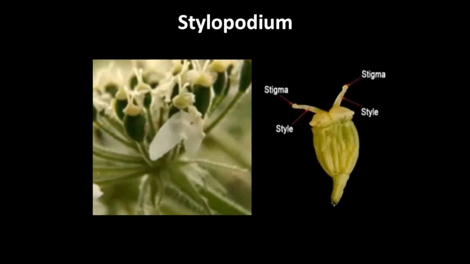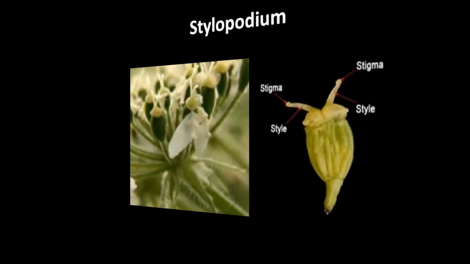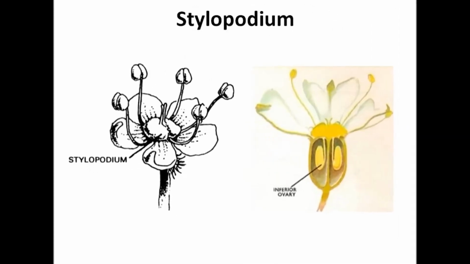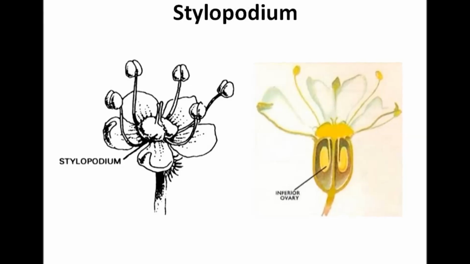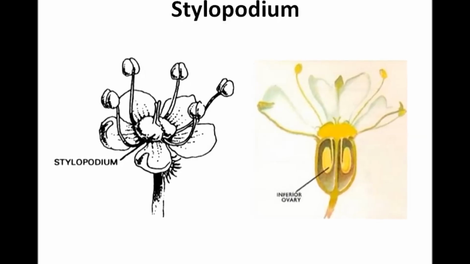At first glance, you might be forgiven for mistaking these structures as the ovary of the flower. That is not the case, as the ovary of the flower of the Apiaceae is inferior, as can be seen from this particular slide where the flower has partly shed its petal. In these actinomorphic flowers, the stylopodia act as dinner plates of nectar, attracting a wide range of generalised insects.